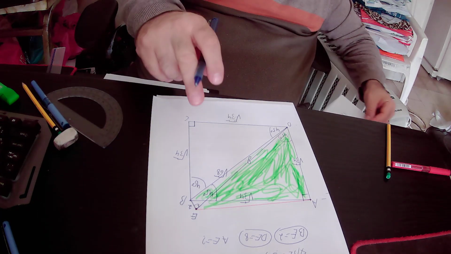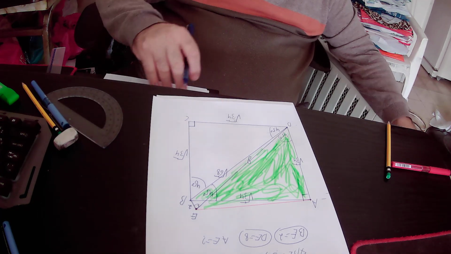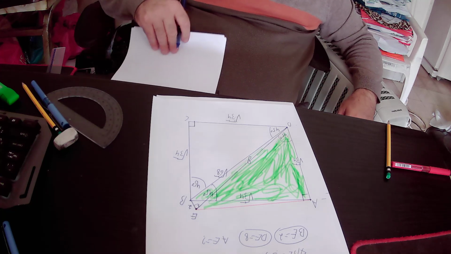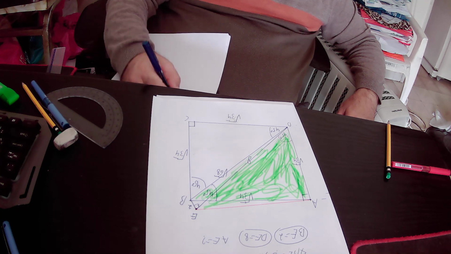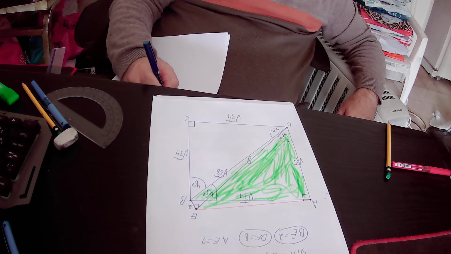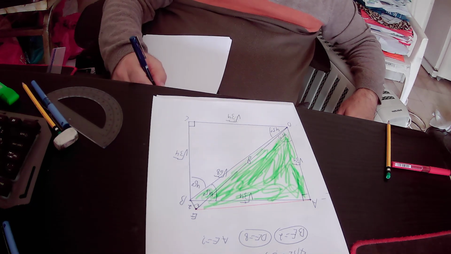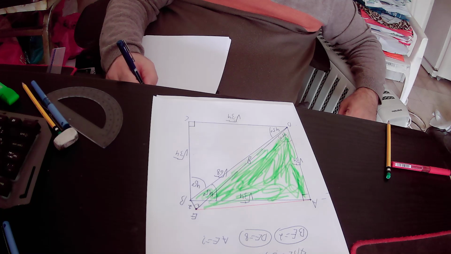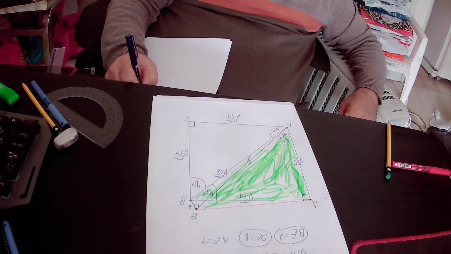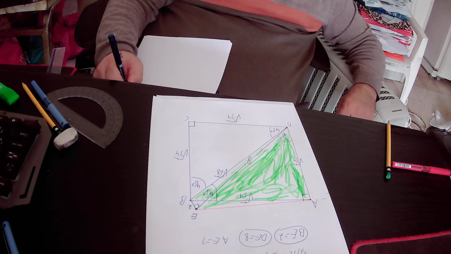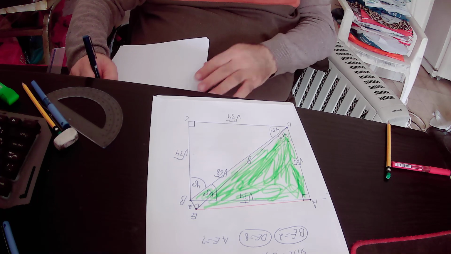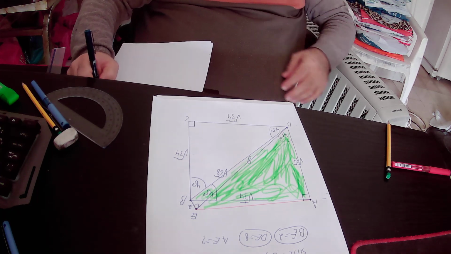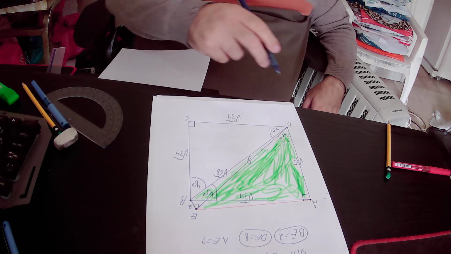Quadrilateral AEBD, in the green color, is inscribed by a circle.